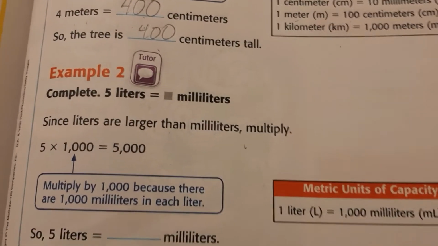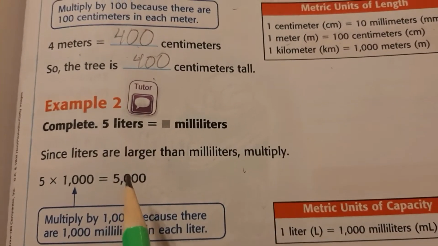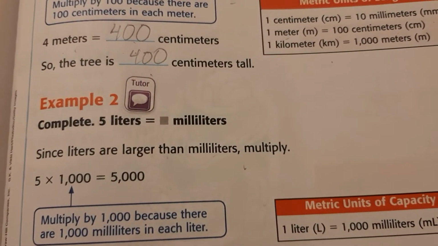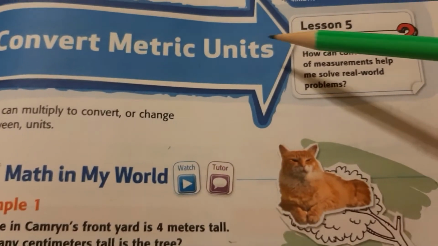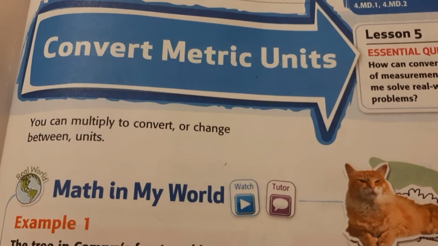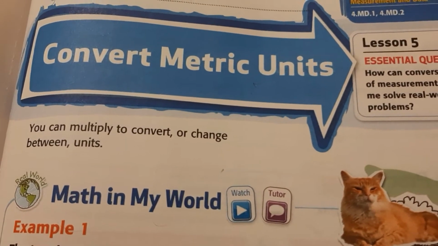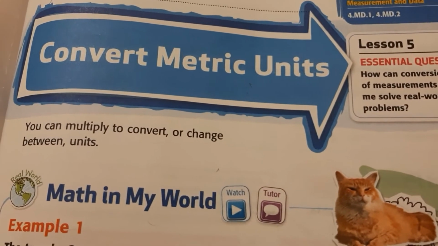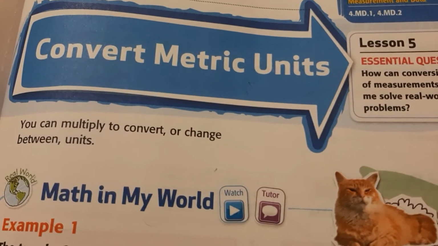Now let's take a look at this. Now we'll talk about liters. What's interesting about this unit is when we did customary units, we had to have a separate chapter for each one, for the capacity, for the length.